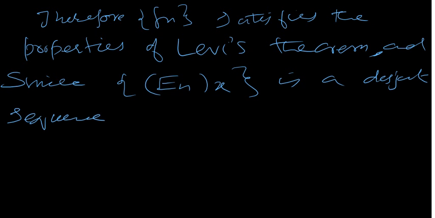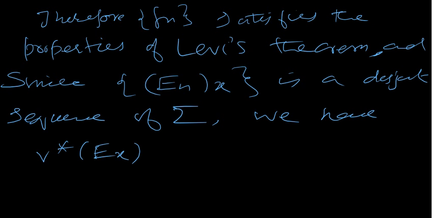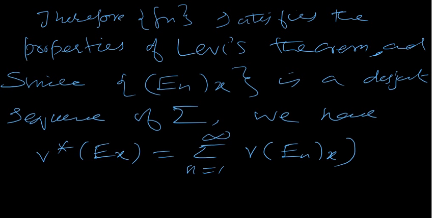They are not subsets of y, and they are also measurable, so they are members of sigma; in fact, because en is a member of S tensor sigma, they are members of sigma. So using these properties, fn satisfies the conditions of Levy's theorem, and this is a disjoint sequence, and we will see that nu star of e_x is equal to the summation, n running from 1 to infinity, of nu of en_x.